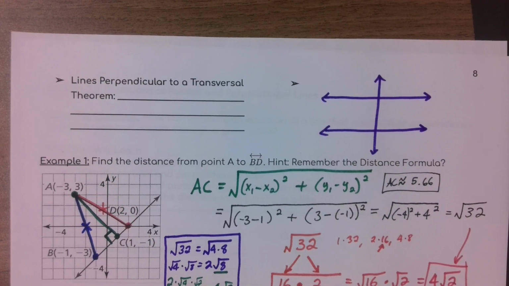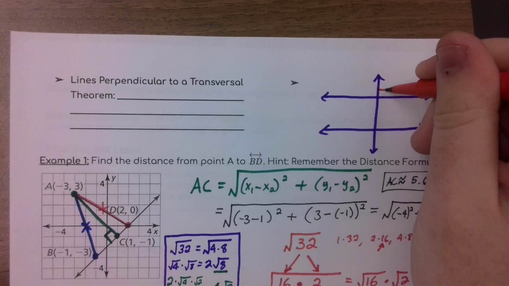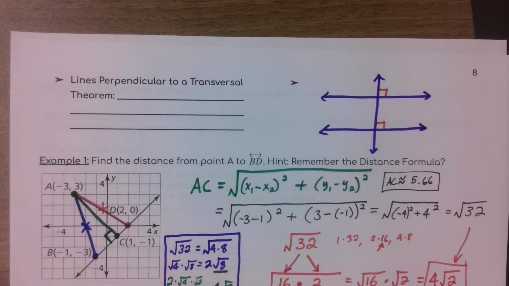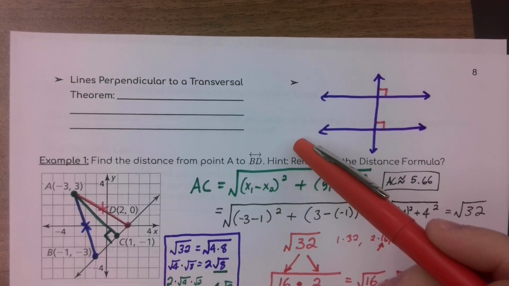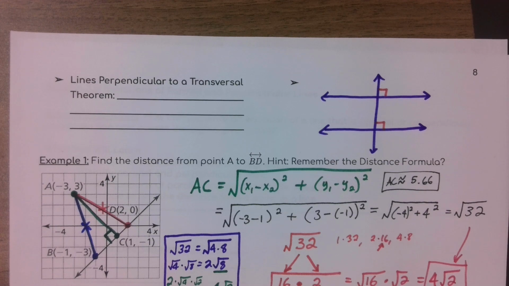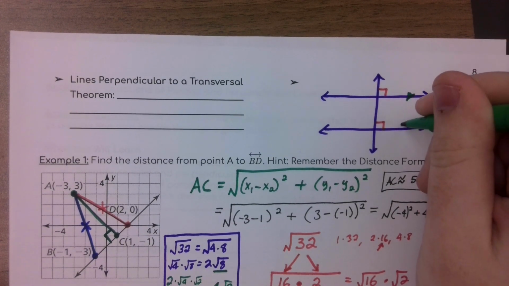We don't know if they're parallel or not, but we do know that they are, in fact, both perpendicular to the transversal. The rule is, if you ever have two lines perpendicular to the same transversal, those lines have to be parallel by definition.